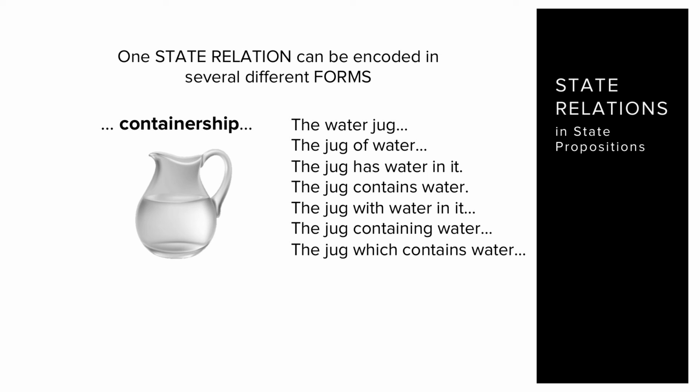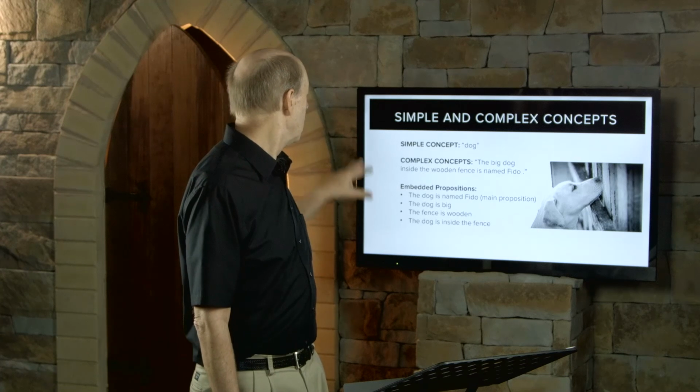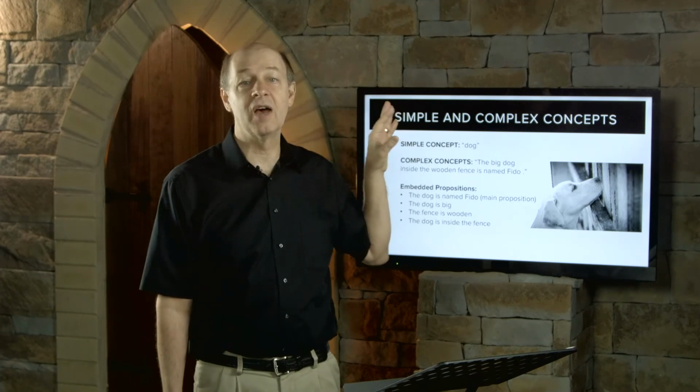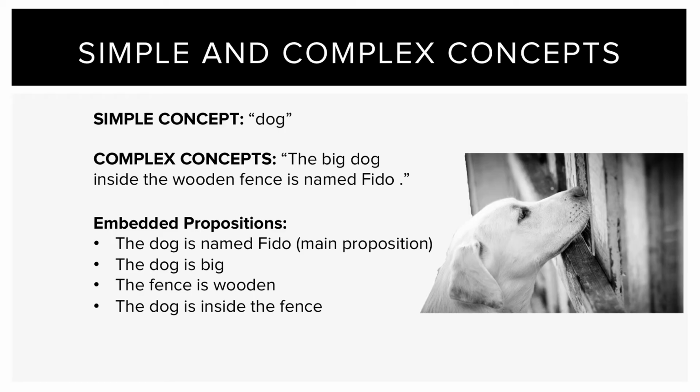The water jug, the jug of water, the jug has water in it, the jug contains water, the jug with water in it, the jug containing water, the jug which contains water. Now, we have simple concepts and we also have complex concepts. So a simple concept would be, for example, dog. But this next sentence includes some complex concepts. The big dog inside the wooden fence is named Fido.